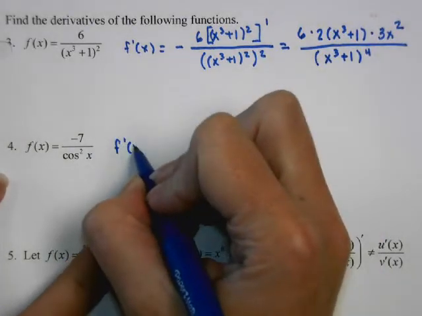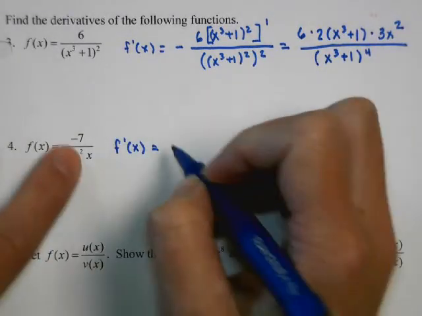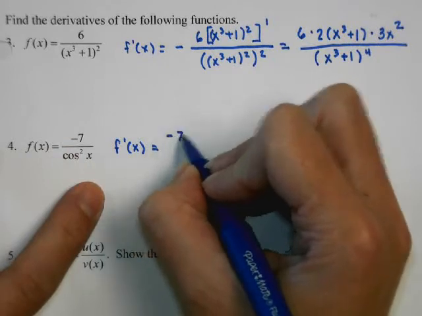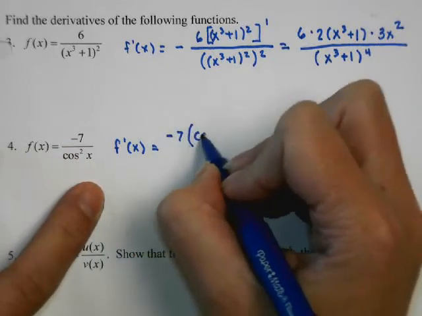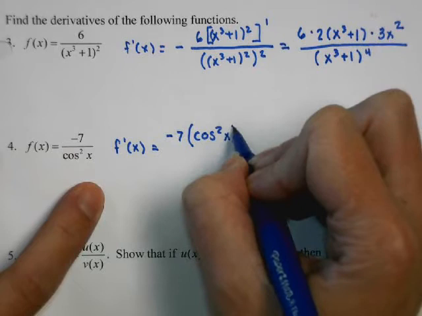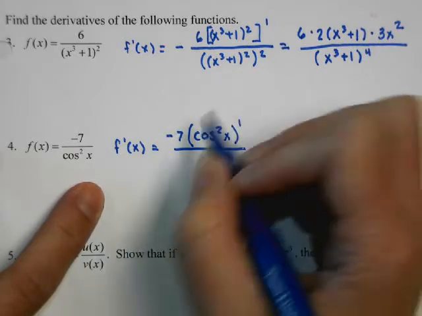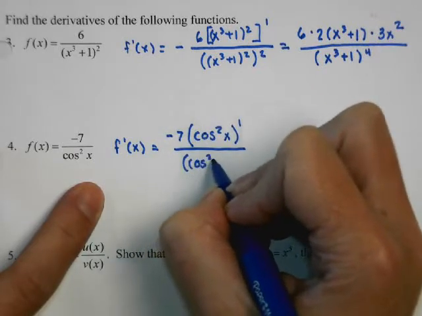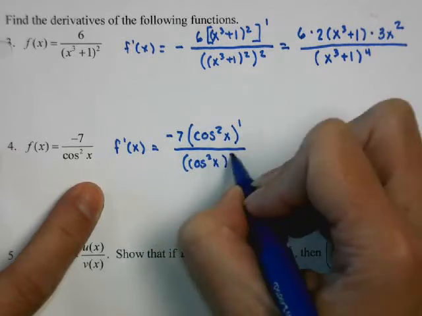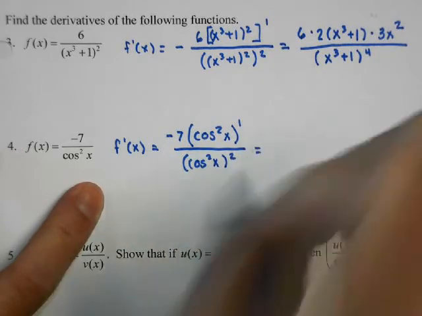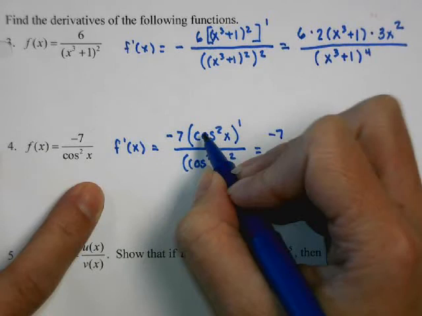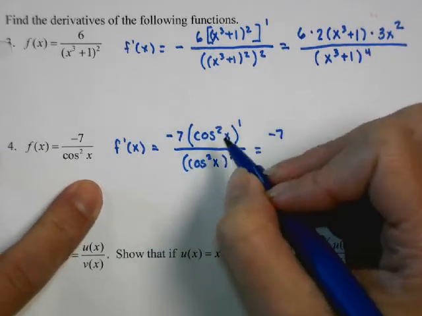Here, we're going to have negative 7 times the derivative of cosine squared x over cosine squared x squared. So this is going to be negative 7. Remember, this one keeps coming up.